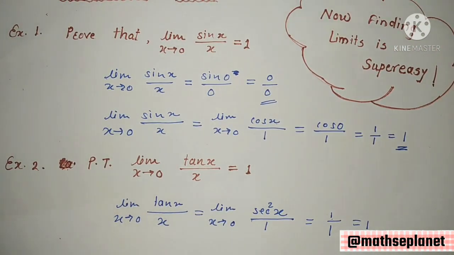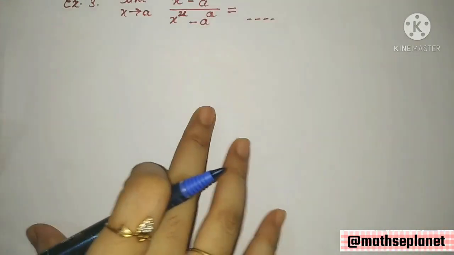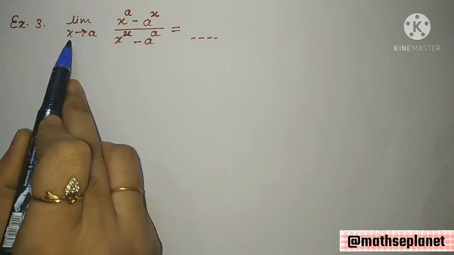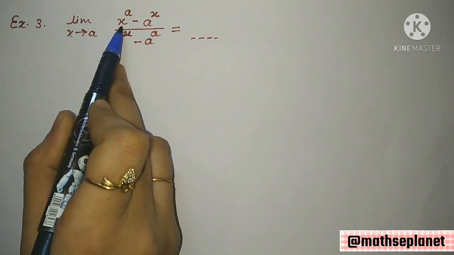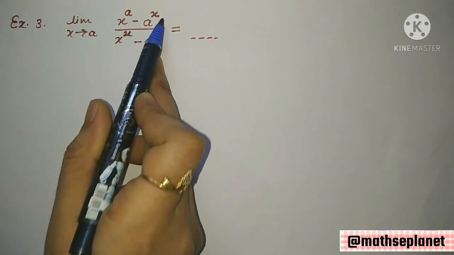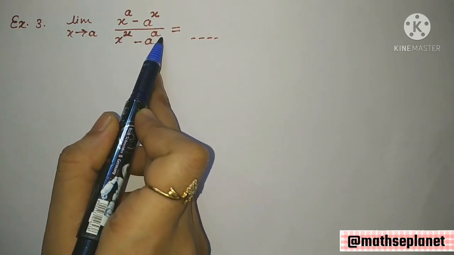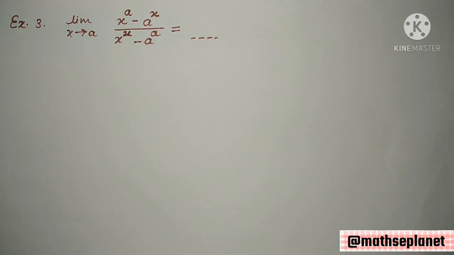Now have a look at the third example. The example is limit x tends to a, x raised to a minus a raised to x divided by x raised to x minus a raised to a. Now we have to solve this example by using L'Hopital's rule.